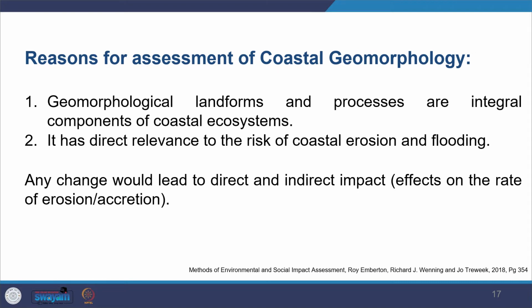So what the processes are, how the forms are, they eventually influence the coastal erosion and flooding. So it has a very direct implication in EIA. Any kind of change in this would lead to direct and indirect impact, since it has that relationship with the risk in the coastal area. So you would have erosion and flooding, all this can happen here.